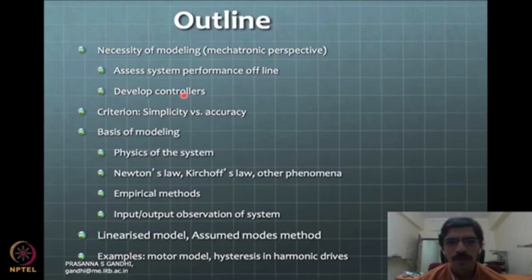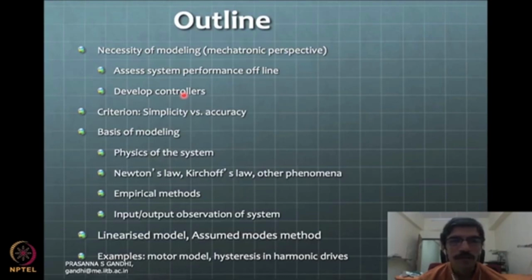If you think about models, they let us assess the system performance, and then we can develop some controllers. How can you assess performance with models? Because you can simulate them offline, and without much experimentation you will be able to get the effect of changes of the parameters, or how the system behaves, and study its physics.